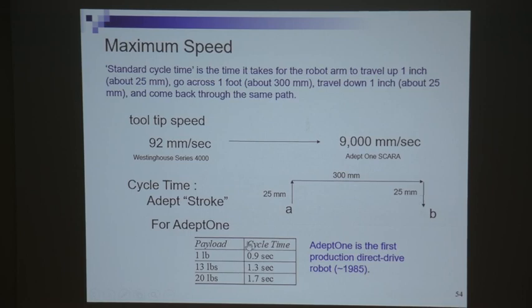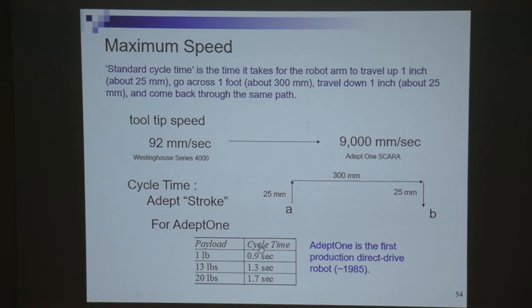If you look at the cycle time in 1985, which is the first production direct drive robot, you can achieve a certain cycle time. The cycle time will very much depend on the load. Of course, if you carry a lighter load, you will tend to be able to do it faster.